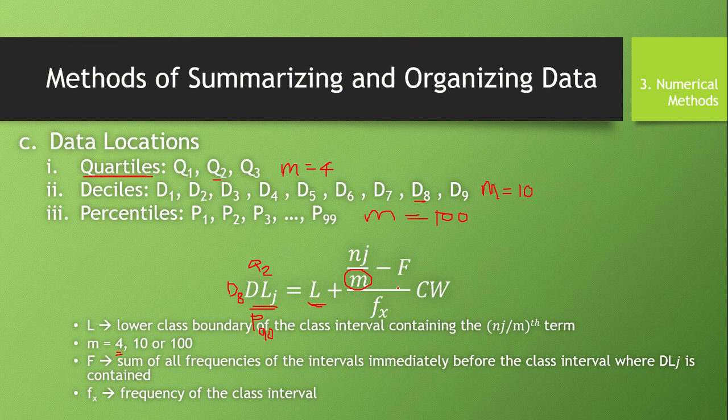Now what's the uppercase F? The uppercase F refers to all the frequencies immediately before the class where DL sub j is contained, meaning this refers to the frequency before the Nj over M's term. Then F sub x is the frequency of the class interval where Nj over M is located.